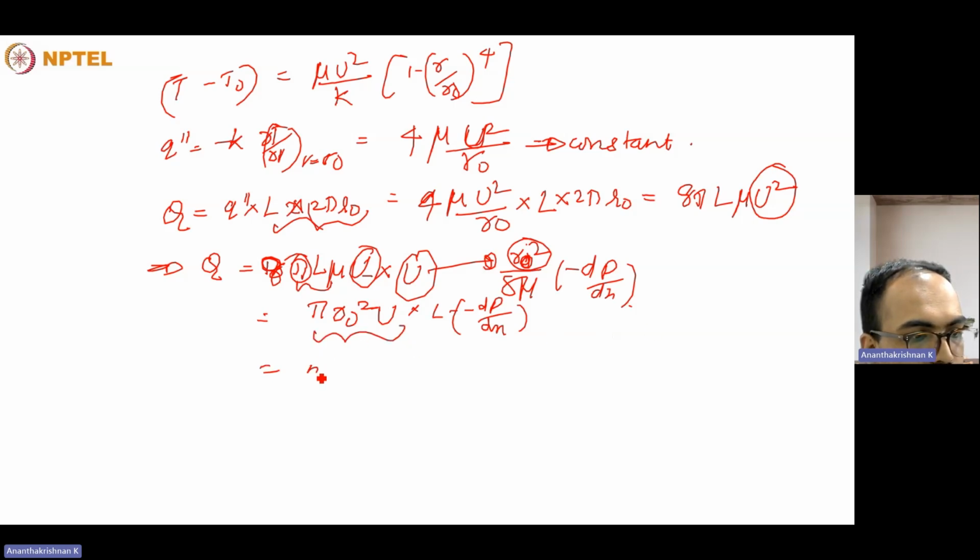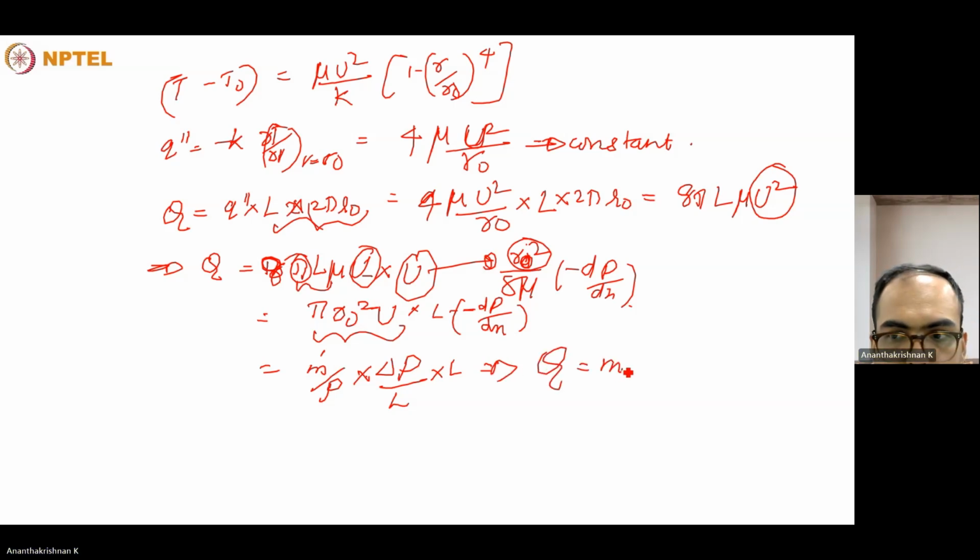This can be written as mass flow rate divided by the density. And minus dp by dx can be written as a pressure gradient. So P1 minus P2 can be scaled as the pressure gradient along the length multiplied by the length, assuming a linear variation. That gives Q equal to m dot into delta P divided by rho. So we can get the flow rate.